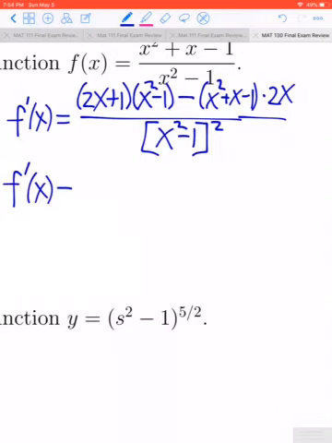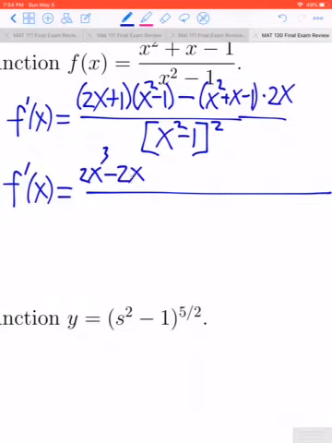We have f prime of x is equal to, in the numerator, if I expand or distribute this left-hand term, 2x times x squared would give us a 2x cubed. 2x times negative 1 is a negative 2x. 1 times x squared is x squared. And 1 times negative 1 is negative 1.